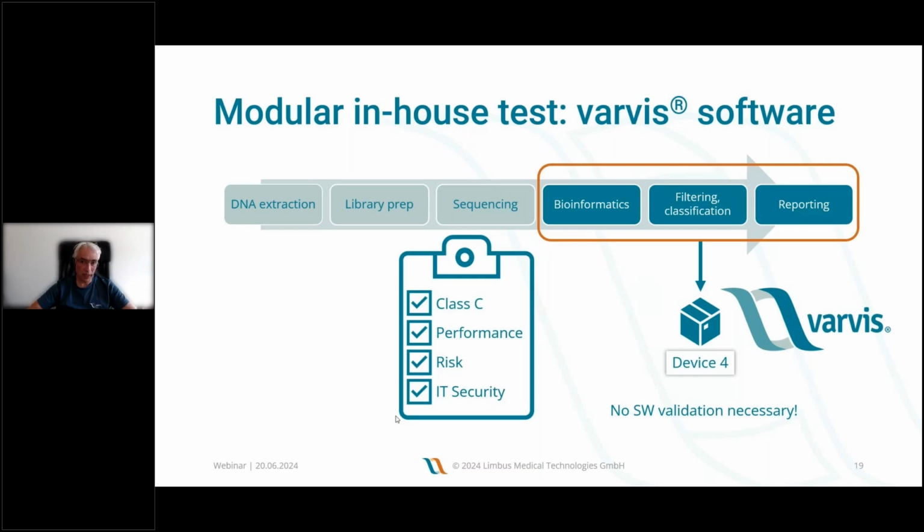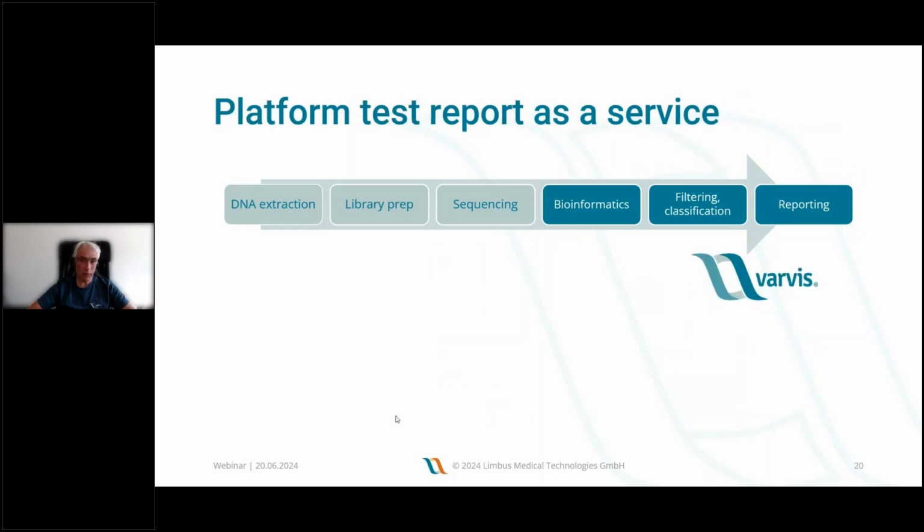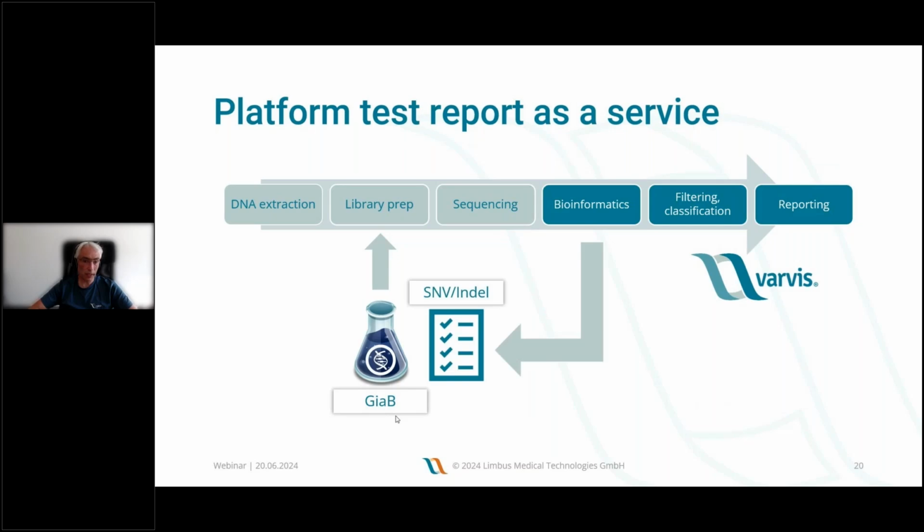In addition to that, we offer even more useful services. For example, we provide you with a platform test report as required by international guidelines. You can sequence well-characterized reference material, for example Genome in a Bottle, and we provide you with an automated and standardized report about the analytical performance of your platform.